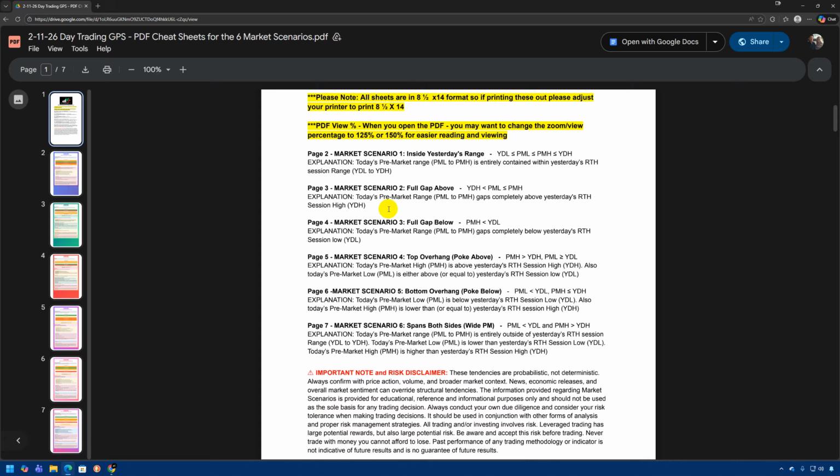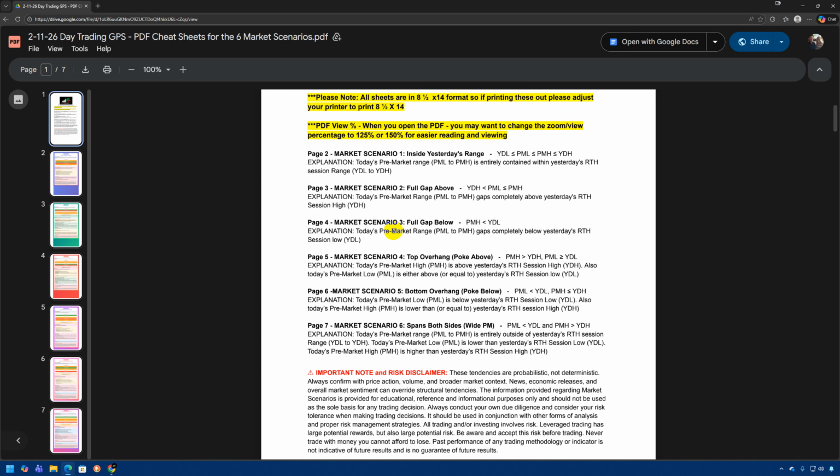You have gaps where just the open is opening and gapping above yesterday's close. However, this is a true full gap above, where the entire pre-market low to pre-market high range is completely above yesterday's RTH session high.